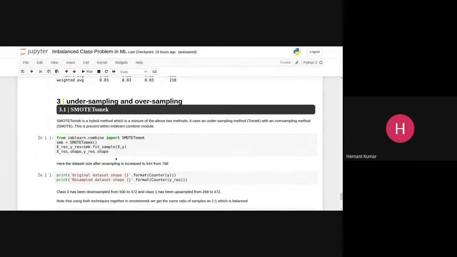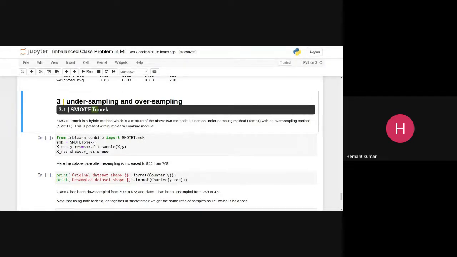The undersampler techniques are basically hybrid, which means for some concepts we pick a random undersampler and for some we pick oversampling techniques. So we have a hybrid approach of undersampling and oversampling. So it is SMOTE Tomek. Tomek belongs to the undersampler techniques and SMOTE belongs to the oversampler techniques.